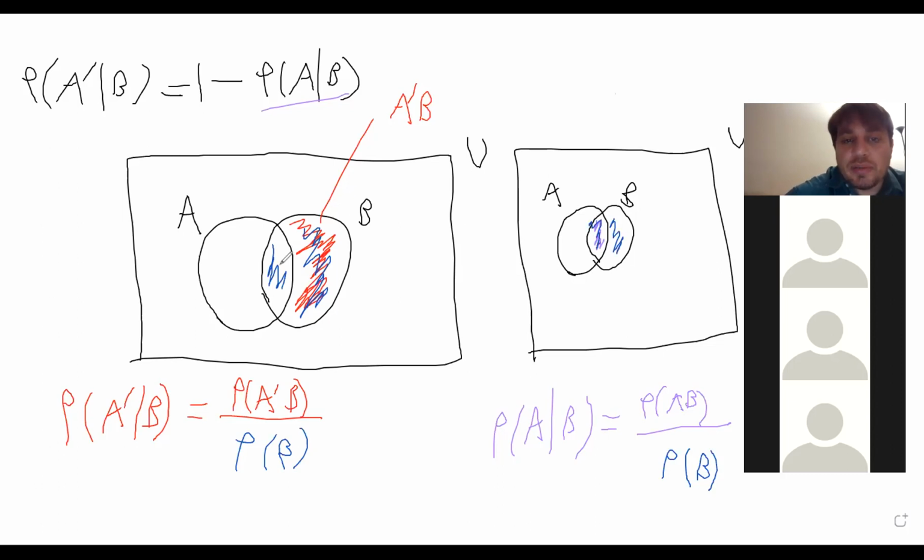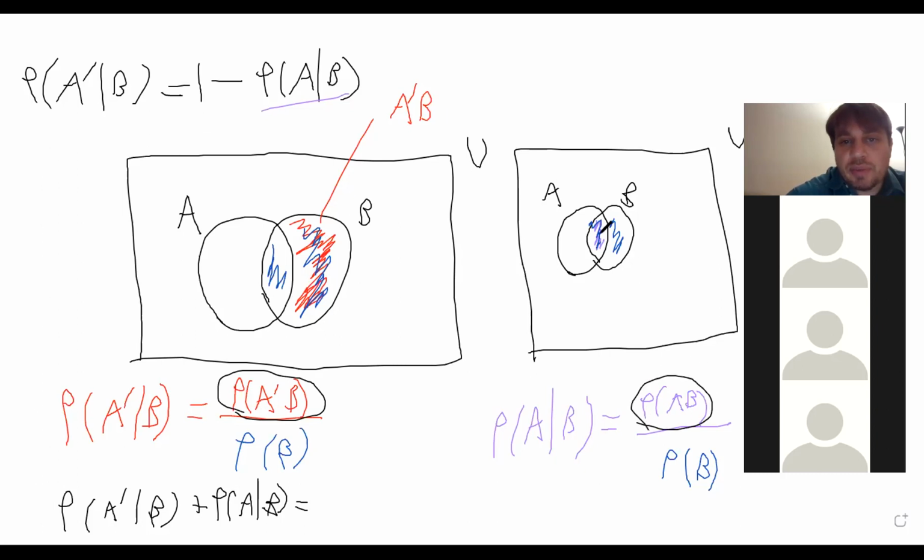Now, the purple part here and the red part here, do you see how they add up to the entire set B? So what happens is that the probability of A prime given B plus the probability of A given B is equal to, well, if you add the red region here, the probability of the red region plus the probability of the purple region, you get the probability of B. And they're both divided by the probability of B. And you get equals to 1.